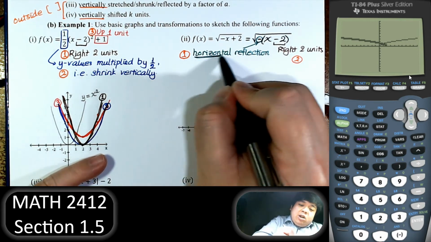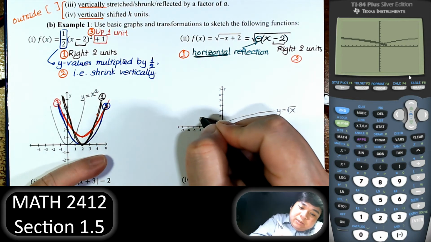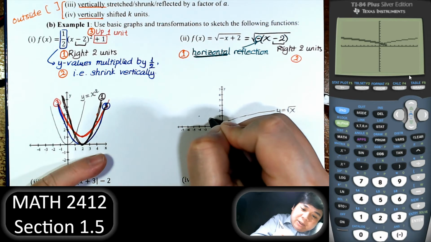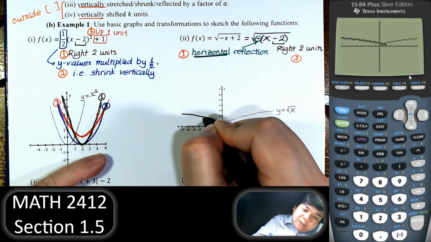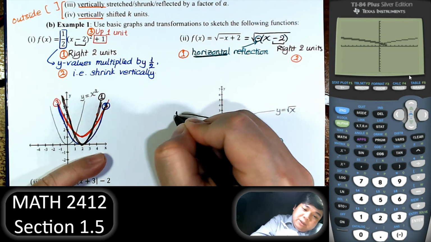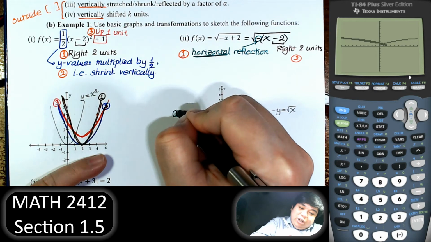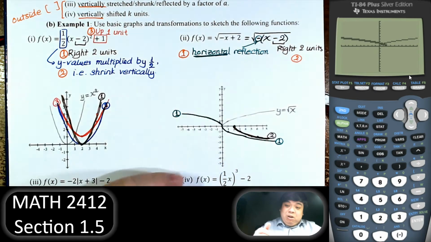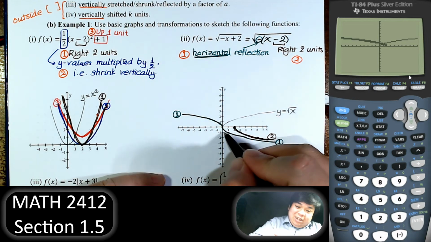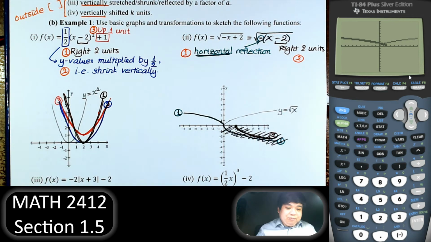So this is horizontal reflection, right? Yeah, so that's why we need to check. Yeah, but I said that the concept is perfect. It's just the execution is off.